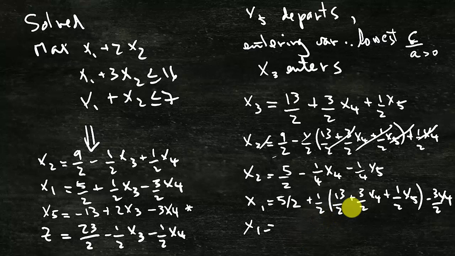So 10, that's 23/4. Minus, so we have plus 3/4 minus 6/4 is minus 3/4. It's minus 1/2 x4 plus 1/4 x5.